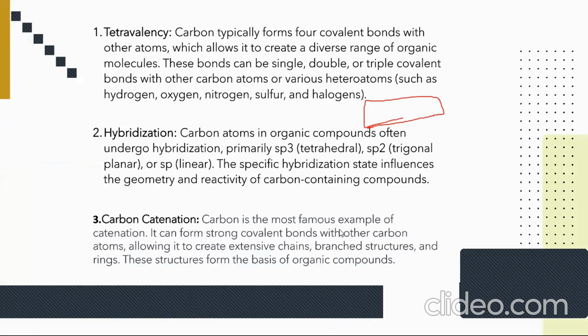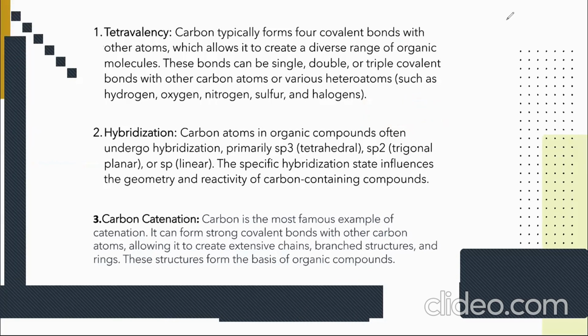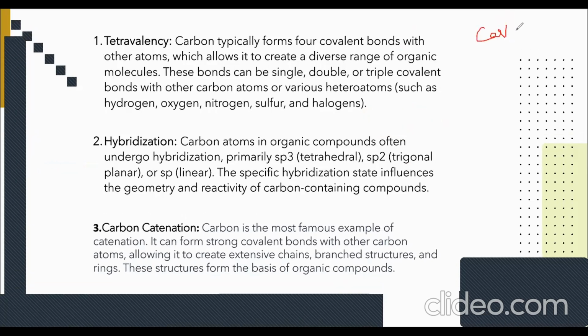Now, in organic compounds, carbon plays a very important role. Why is carbon so important in organic chemistry? Because of tetravalency. What is meant by valency? Valency is the number of electrons present in the outermost orbit, right?